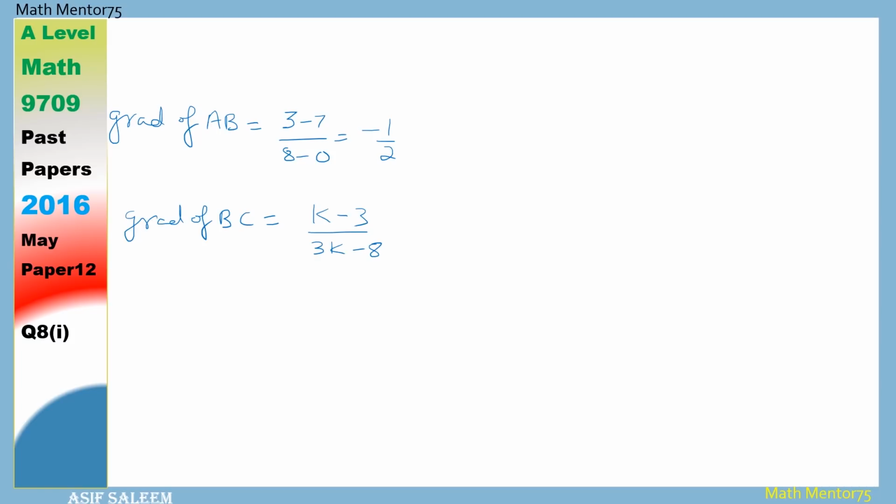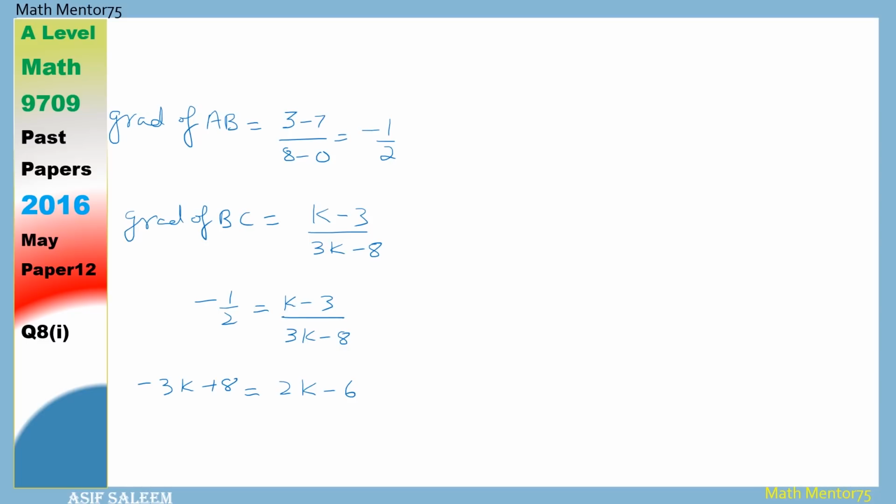Now let's equate them. Minus 1 over 2 equals k minus 3 over 3k minus 8. Cross multiply. So minus 3k plus 8 is equal to 2k minus 6.